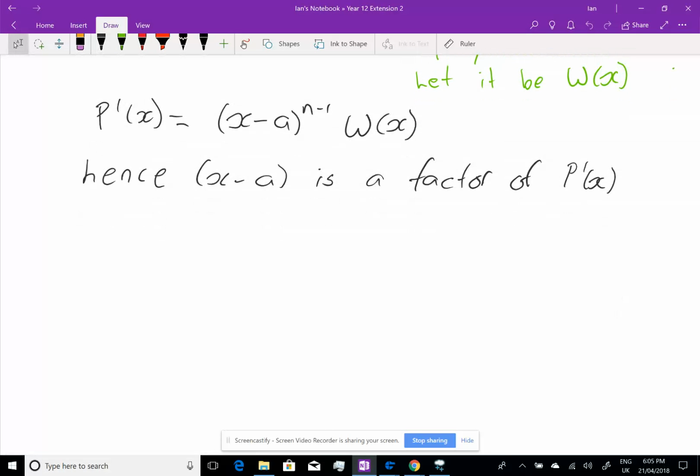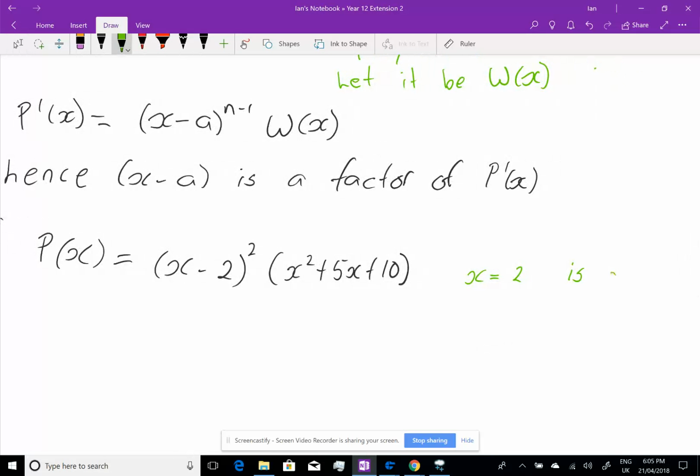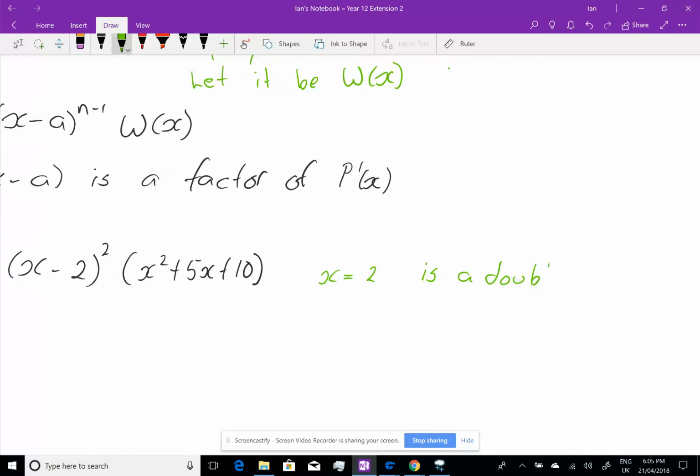And Patel goes on to say, well, let's have a look at this. If p of x equals (x minus 2) squared times (x squared plus 5x plus 10), well, x equals 2 is a double root.